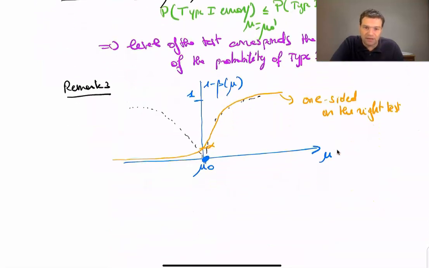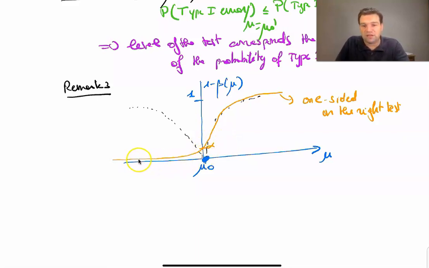Thus if I draw in orange here the probability to reject when mu equals mu naught, that means the probability of the rejection region when mu equals mu naught, this is exactly alpha.